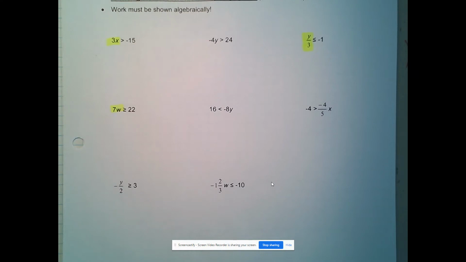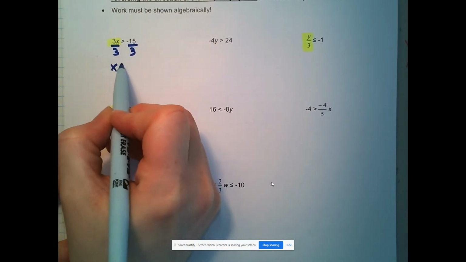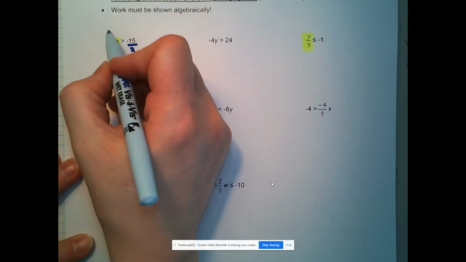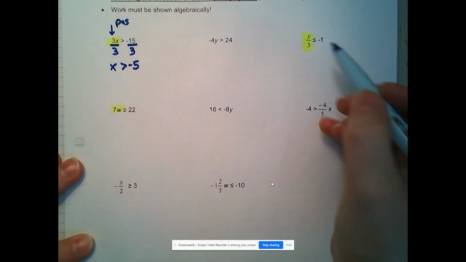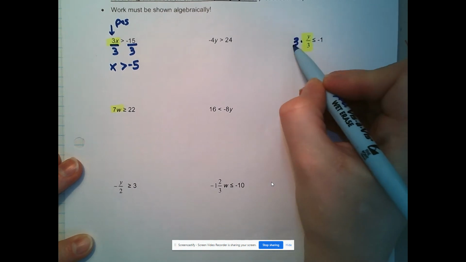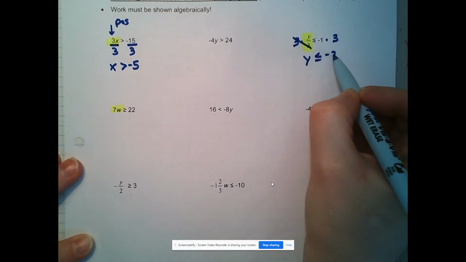So you'll notice 3x, if I divide both sides by 3, I get x is greater than negative 5, and I'm done. That's because the number on the side of the variable was positive. Same thing here. This is y divided by 3. I'm going to multiply the left side by 3 and the right side by 3. I'm going to get y is less than or equal to negative 3.